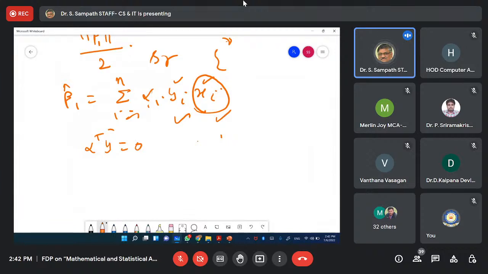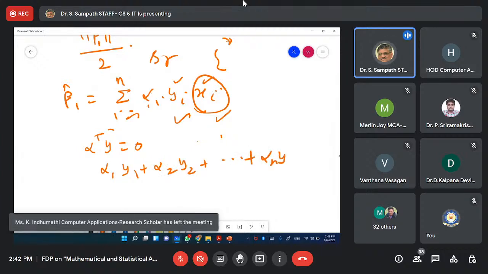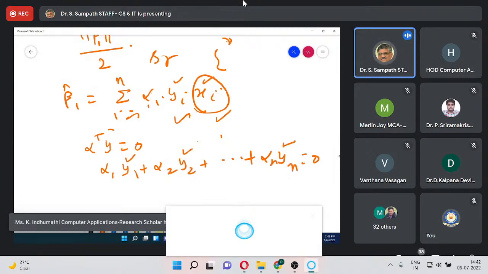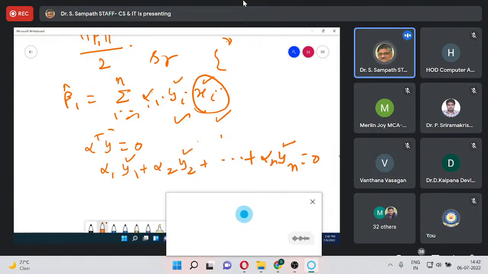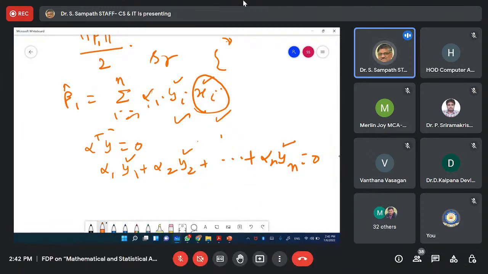That means alpha 1 y1 plus alpha 2 y2 plus etc. plus alpha n yn is equal to 0, where y1, y2, etc. yn are known. We have to look at the solution of this equation for alpha 1, alpha 2, etc. alpha n. This is how we are going to get our alpha values.